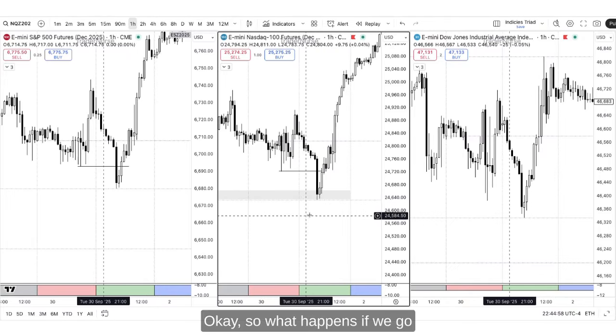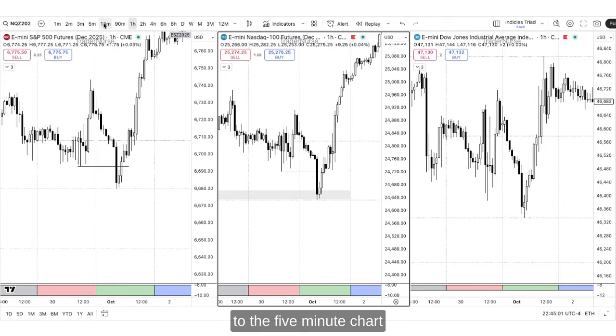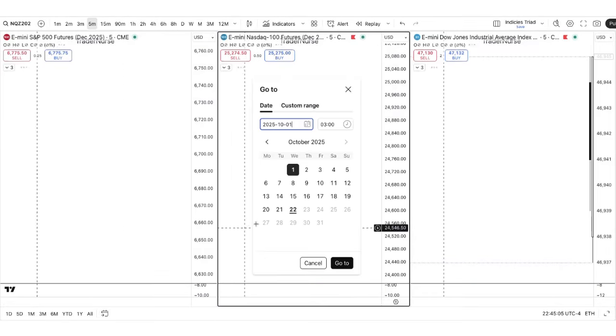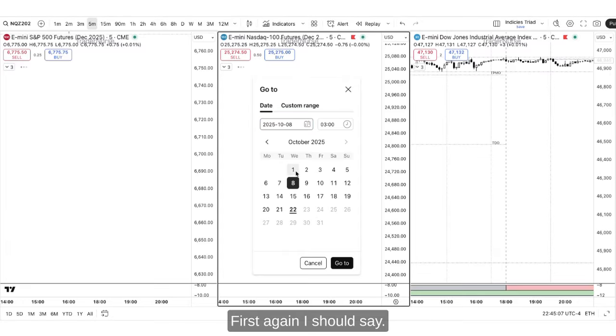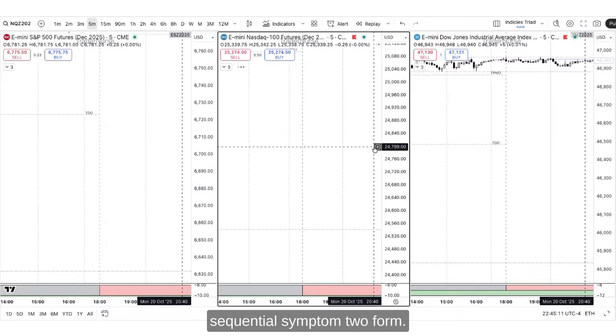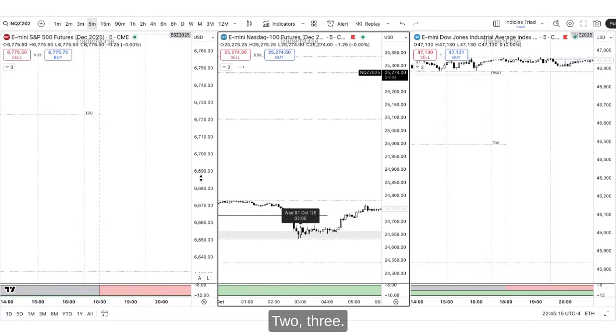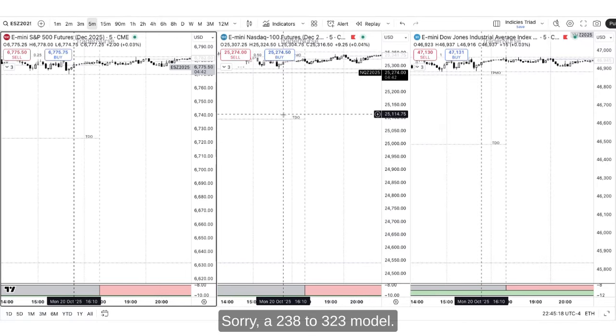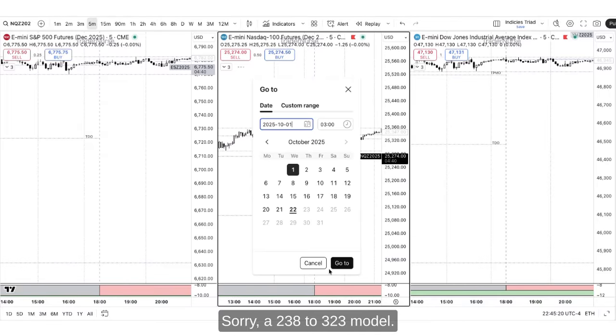Okay, so what happens? If we go to the 5-minute chart and go to the 1st again, I should say. Okay, you know, this is where you'll see this 90-minute sequential SMT form, and this is where you'll see our 2-38 to 3-23 model collect.